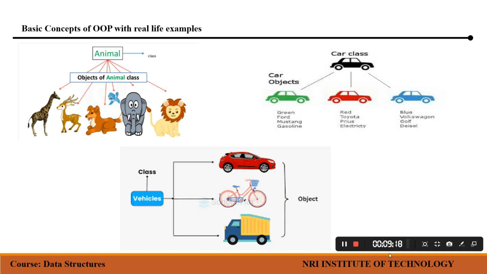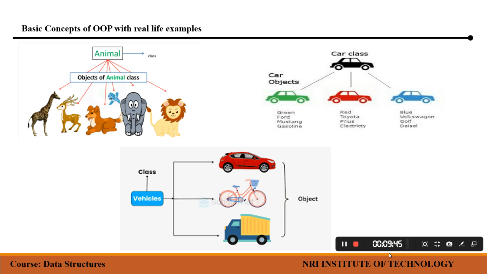Animal. So animal is a class, and the objects under the animal class are different types of animals based on their features. A giraffe, deer, dog, elephant, lion, and so on. So each animal is one object, but each one is under the class animal. So each one is treated as an animal. Next, another example is car class.